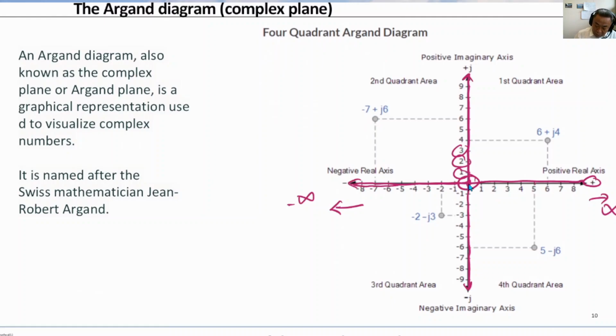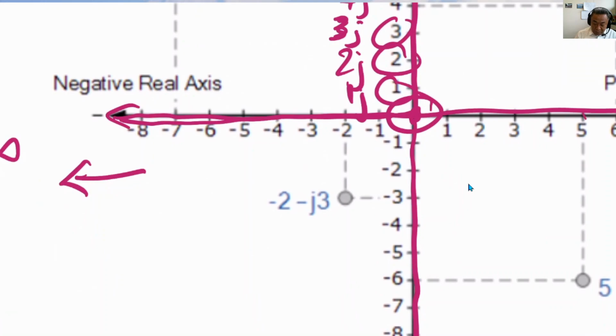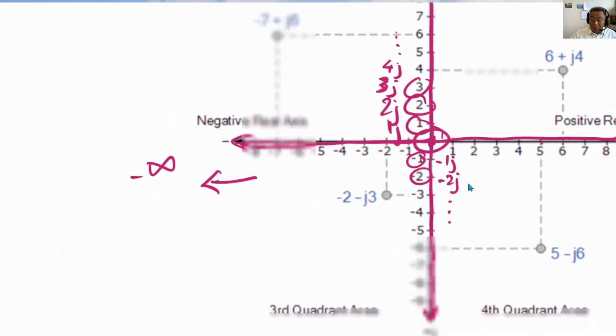So we have 1j here, 2j, 3j, and 4j, and so on, growing more and more positive. And when it grows more and more negative, this is minus 1j, minus 2j, and so on. And again, it also grows towards negative infinity.